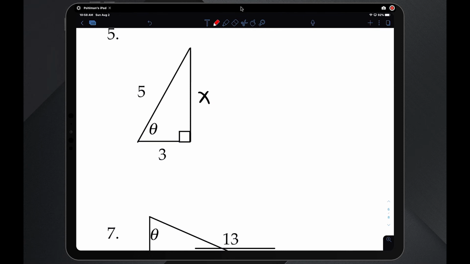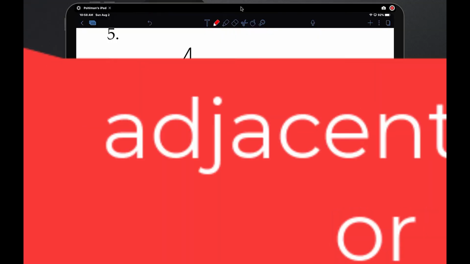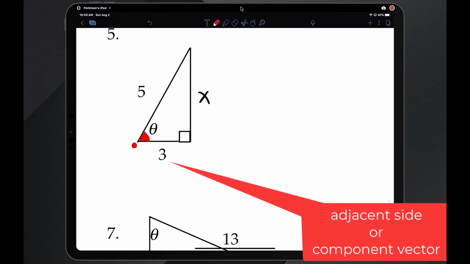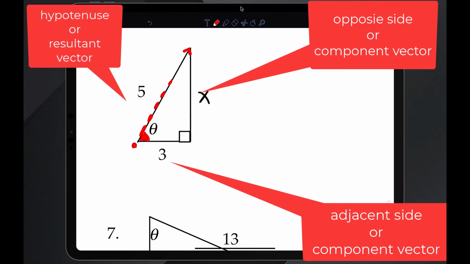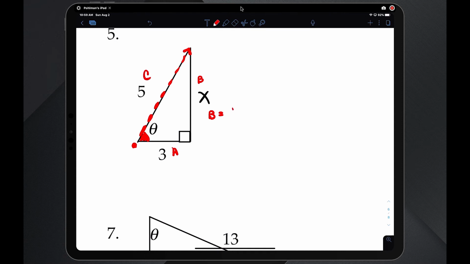Question 5, I have my angle. So that tells me that this right here is my point of origin. And then that would then be my resultant because that's the longest vector. That's our hypotenuse, or side C. 3 would be the adjacent side, and x would be the opposite side. So I'm trying to find b. That means that I take the square root of 5 squared minus 3 squared.